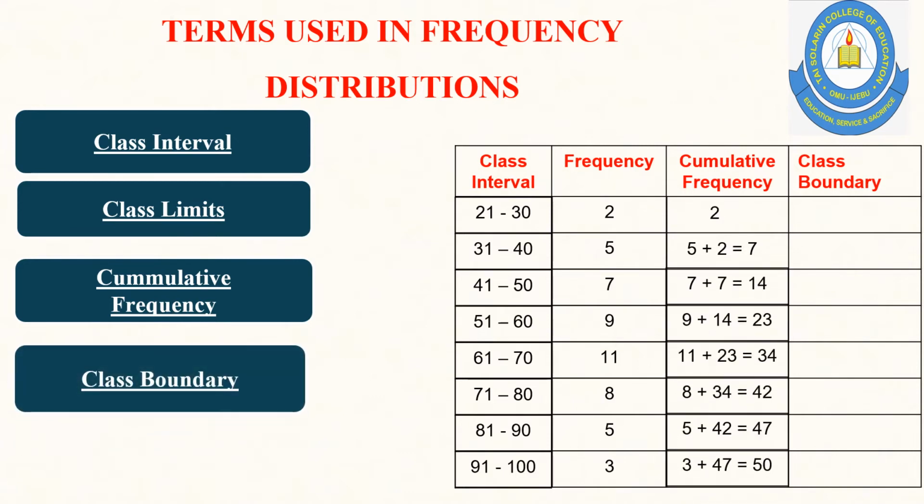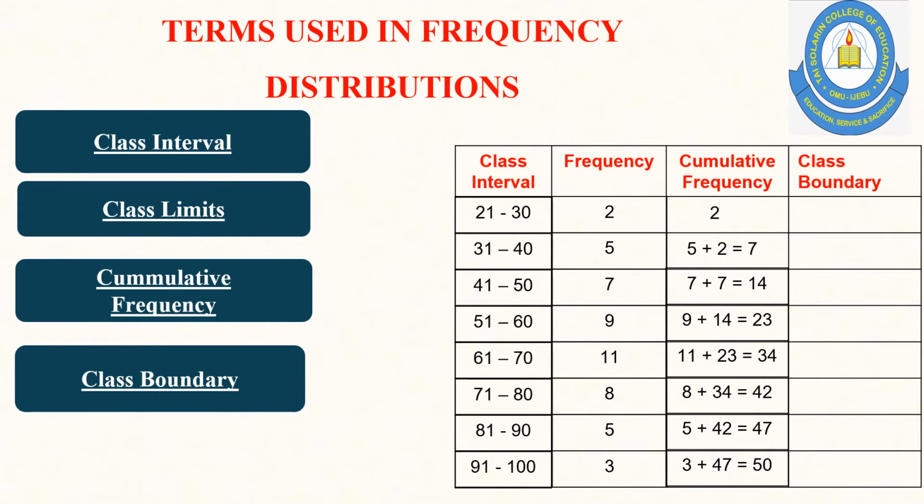Then another one is the class boundary. Another term we need to understand in a frequency distribution table is the class boundary. You can get the class boundary by subtracting 0.5 from the lower class interval and adding 0.5 to the upper class interval. If you take away 0.5 from 21, you get 20.5.